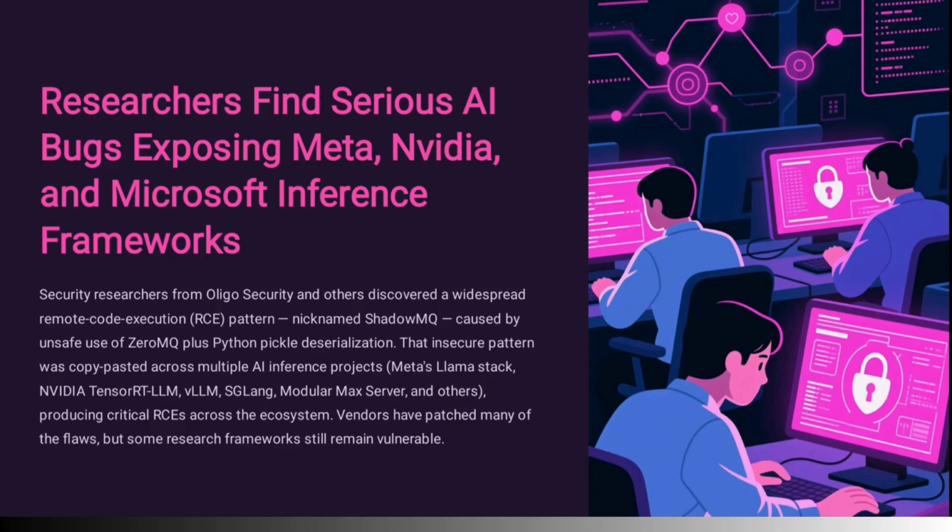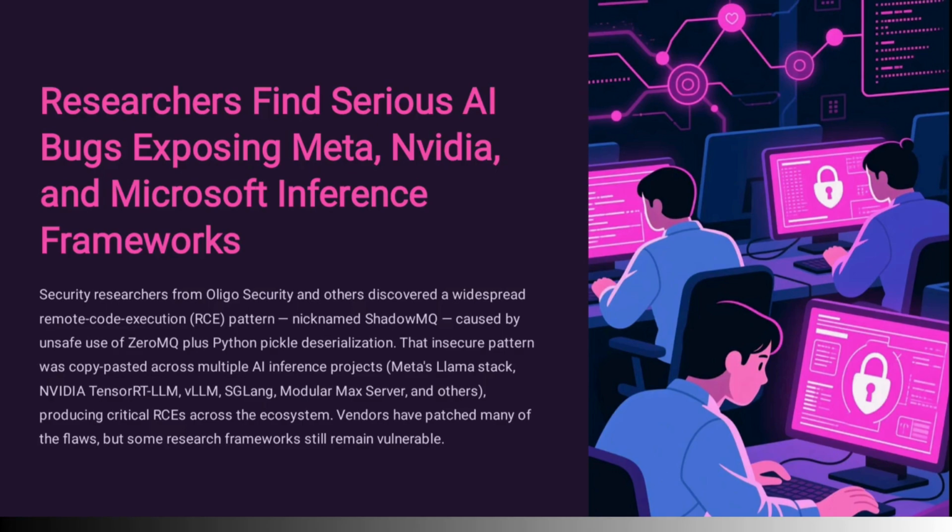According to security researchers from Oligo Security and others, a widespread RCE pattern was discovered, named ShadowMQ. It is caused by the unsafe use of ZeroMQ plus Python pickle deserialization.